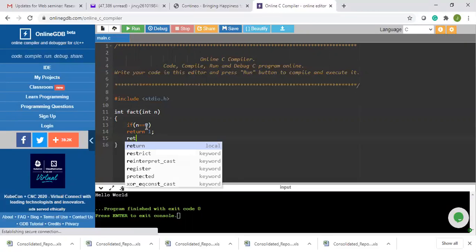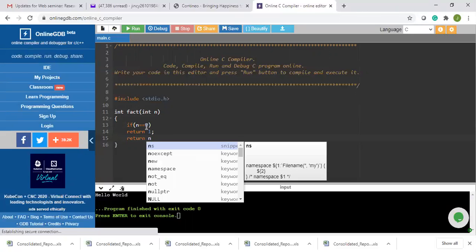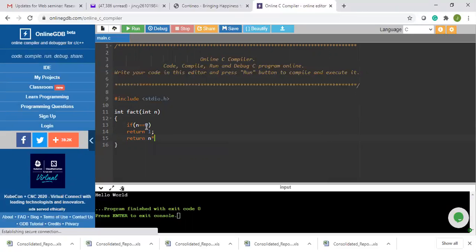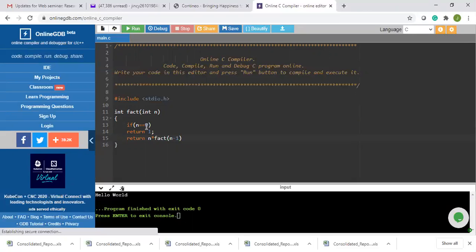Or else I will call the function: return n star fact(n minus 1). So we have defined the function, which is a recursive function.